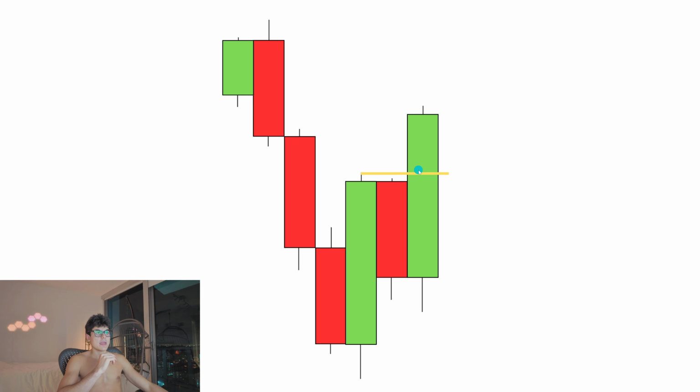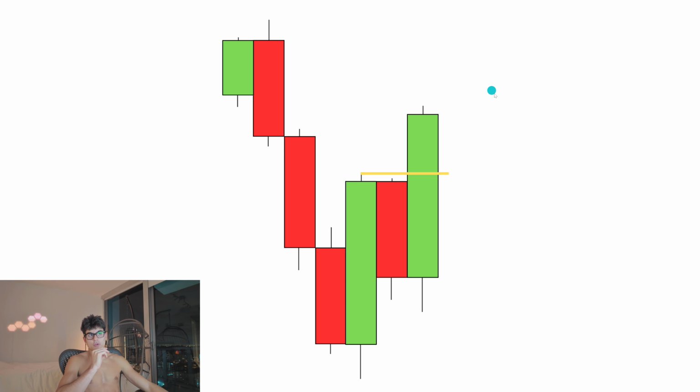Let's say it has broken structure to the upside once, and it breaks structure to the upside again. We don't really care, because it's the first break that matters. It's the change. Here it was bearish, and then here it flips bullish. So only here is where we care about it.